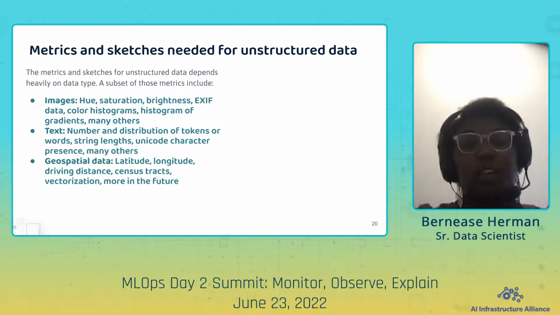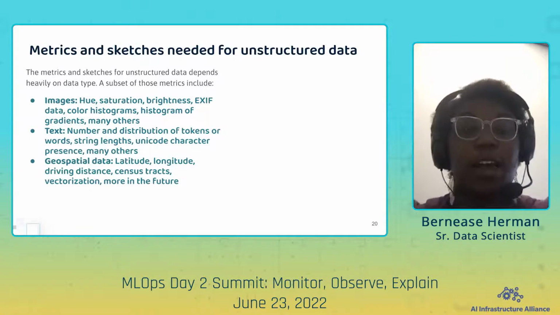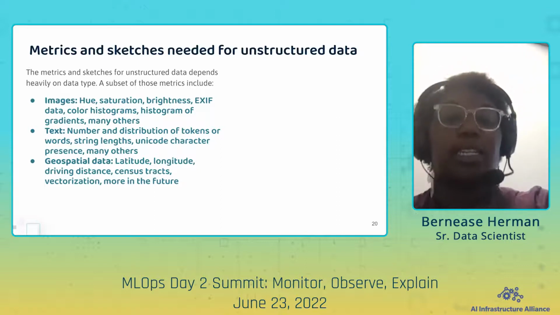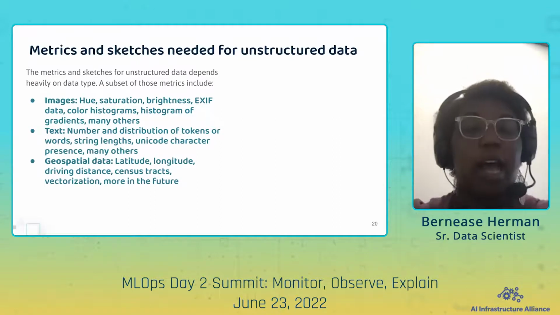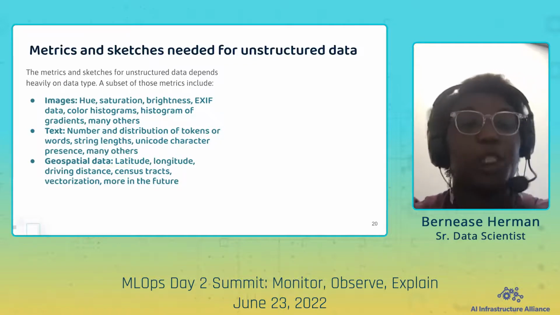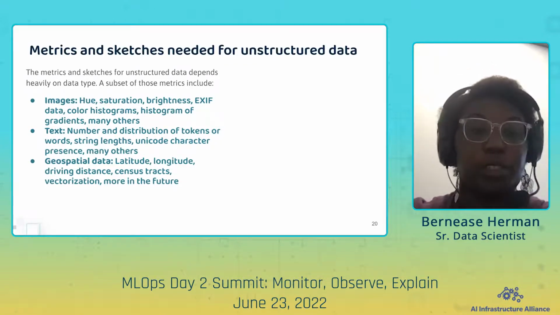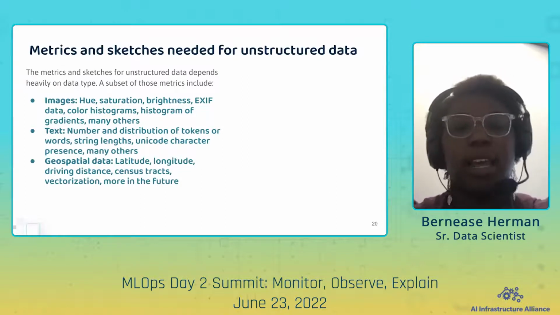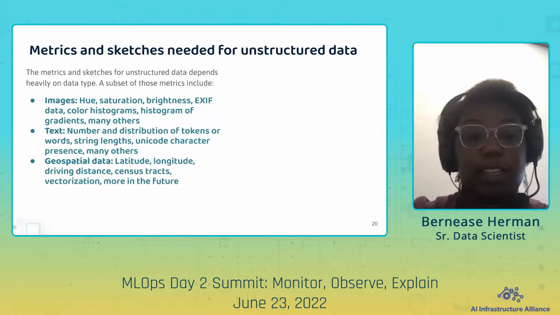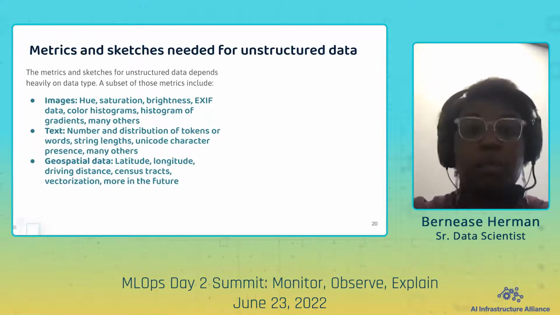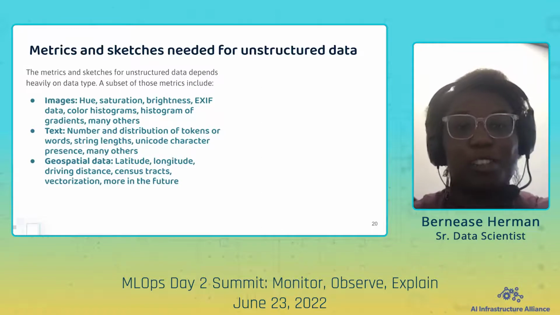Geospatial data. So if you're creating insights for geospatial data, you will collect things like latitude and longitude, but then start to add more complex metrics, things like driving distance as opposed to just street distance, things like census tracts and other demographic information is very common here. Vectorization of your data and more that we hope to include and introduce in the future.